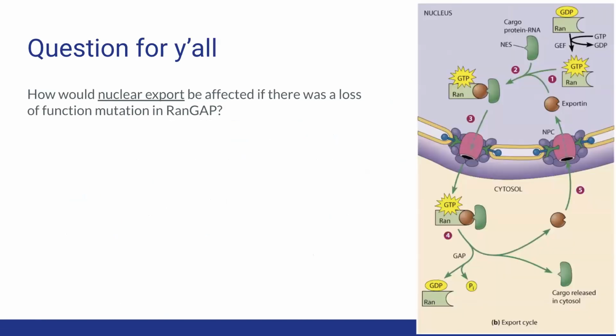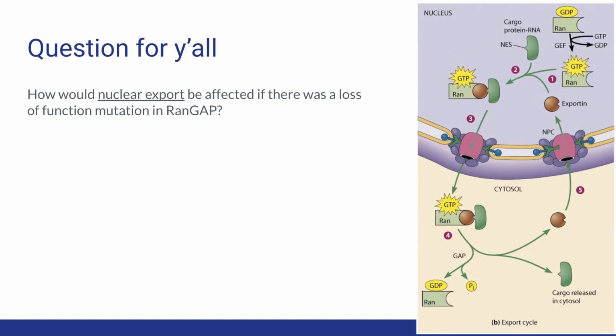Here's another question for you. How would nuclear export be affected if there was a loss of function mutation in RAN GAP? We're looking at export specifically. If there was a loss of function in RAN GAP, RAN would never be able to release in the cytosol, because GAP takes the GTP and turns it into GDP.